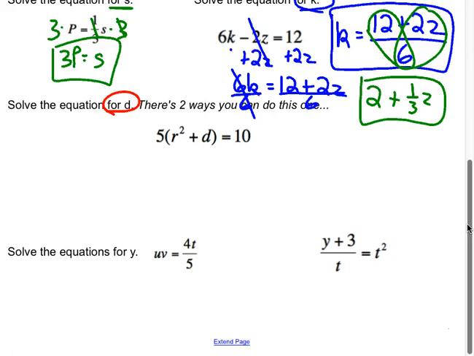And what you're conditioned to do is like, oh, awesome, let's distribute that. So you end up with 5r squared plus 5d equals 10. So you distribute, you're like, okay, sweet. Now that 5r squared is disjointed from my d, they're not connected anymore. So I can subtract off that 5r squared.